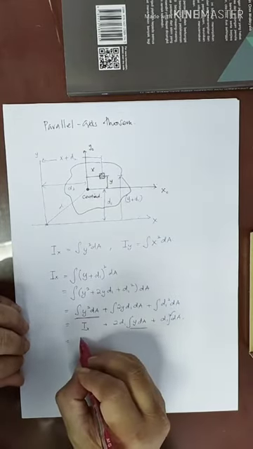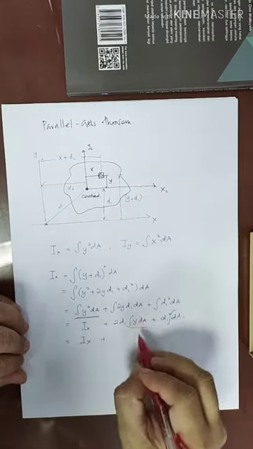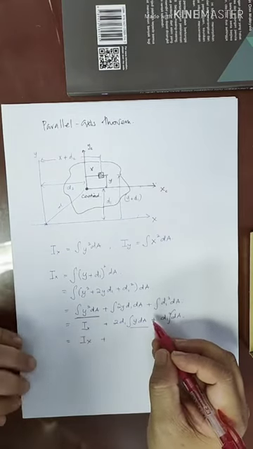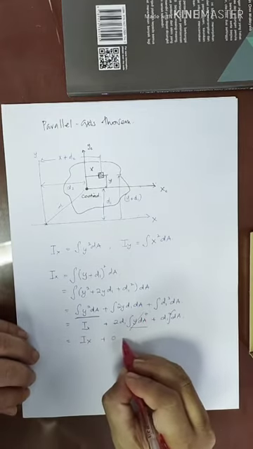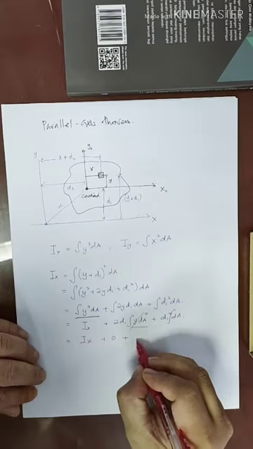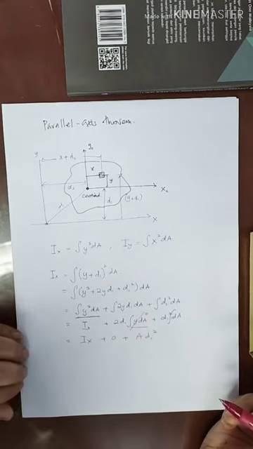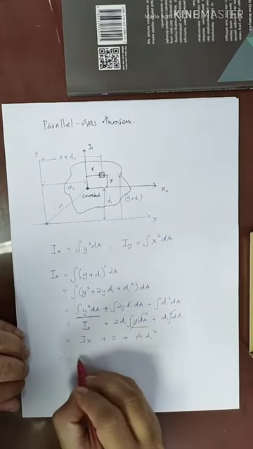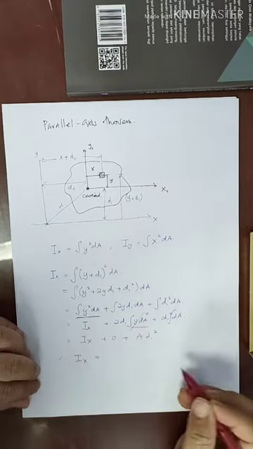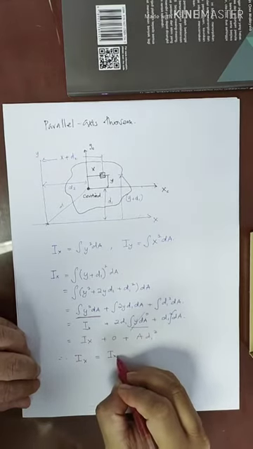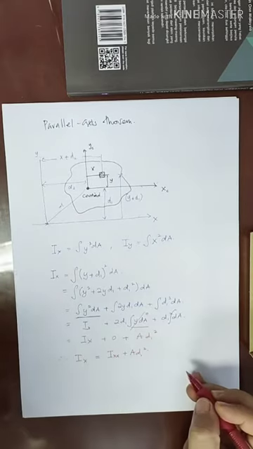Okay, so Ix, okay, plus here when it goes through the centroid, this term must be 0. So you have here the integration of d1 squared dA. So we have finally the Ix is actually equivalent to the Ixx plus A d1 squared.